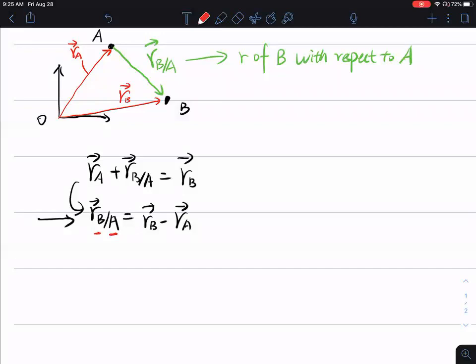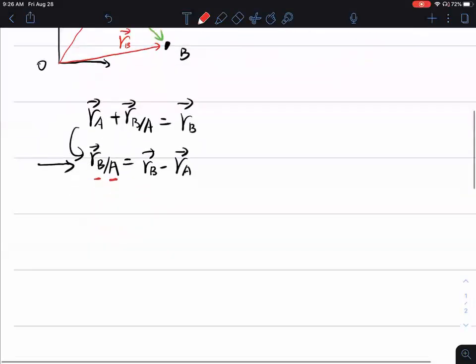If you flip the order, the result is going to be different, right? If here I have RA/B, then the calculation should be RA minus RB. So keep in mind, it's something very tiny, but it's very easy to forget. Okay, this is our position vector for relative motion.